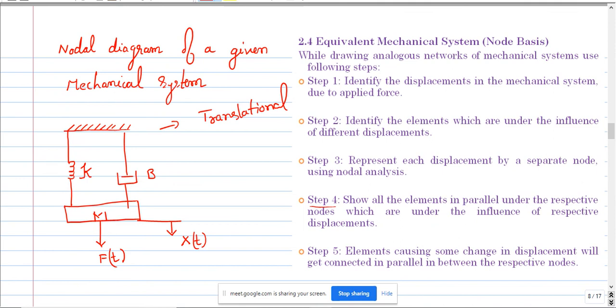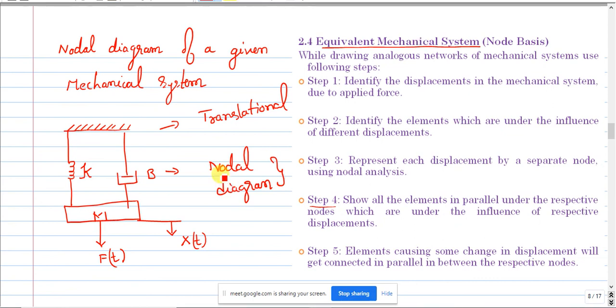Those terms will be used. Now the same has to be rewritten in the form of a nodal diagram. You can also term it an equivalent mechanical system. So how to rewrite this?